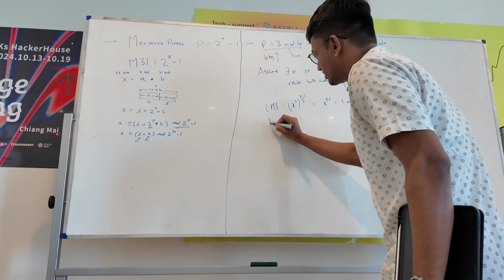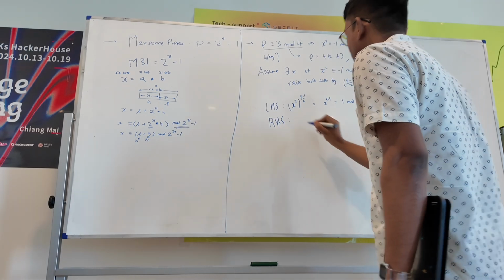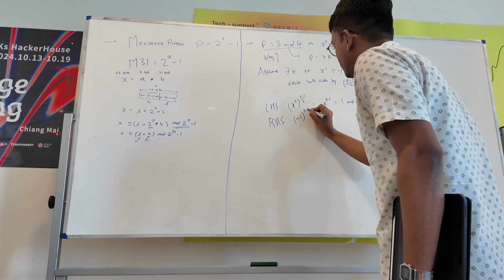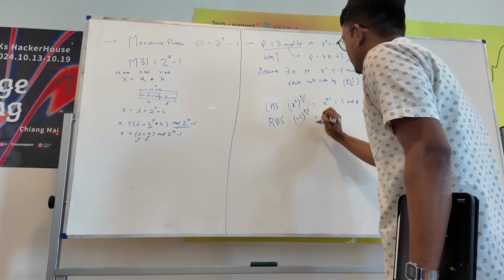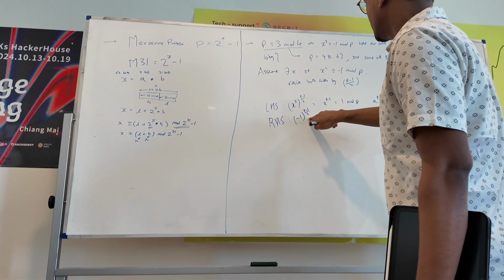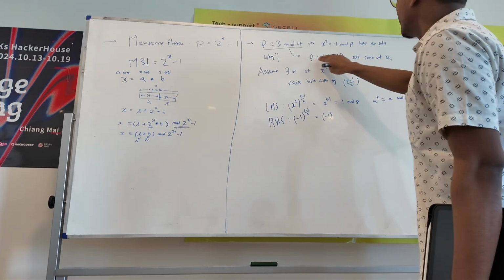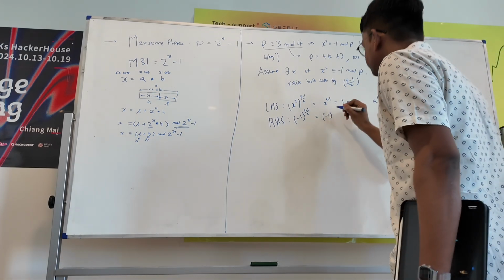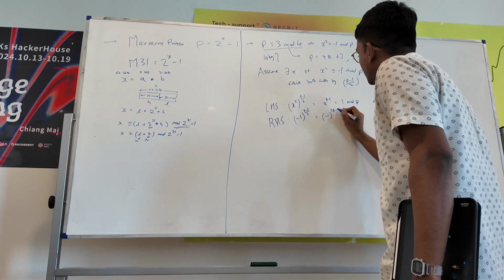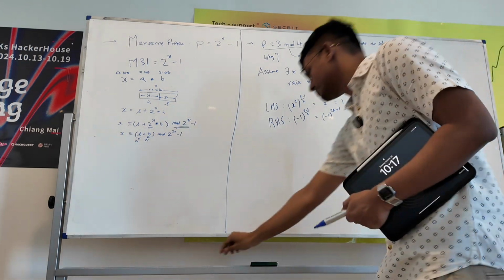Whereas when you calculate the RHS, it will be minus 1 raised to p minus 1 by 2. So you can use this expression to compute p minus 1 by 2, where p minus 1 by 2 will be 2k plus 1. So using this expression, I'll just use.